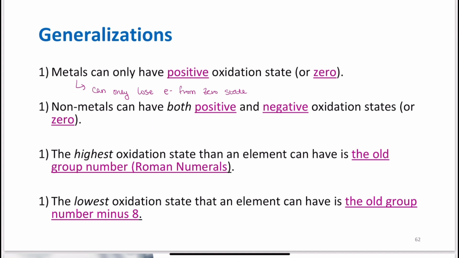Nonmetals can have both positive or negative oxidation states and zero. The highest oxidation state an element can have is equal to the number of valence electrons that that species holds. So it is the old group number, but it's also equal.